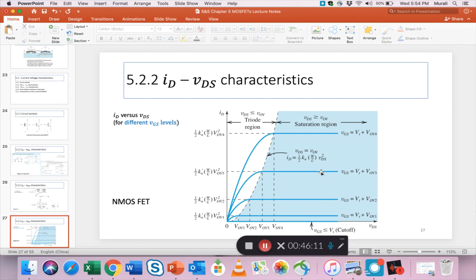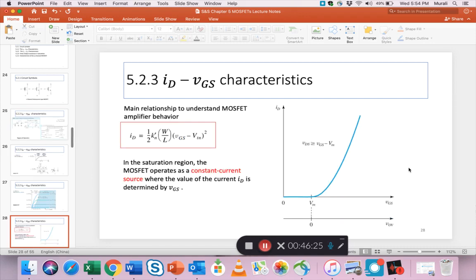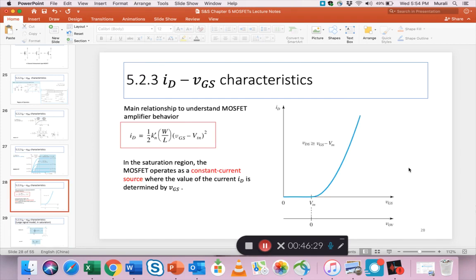Then go to a higher level for VGS, maybe 5 volts, do the same thing. If you collected all these together, you have this collection of graphs, and this becomes important as we go to the next slides, where we start to plot I drain versus VGS.